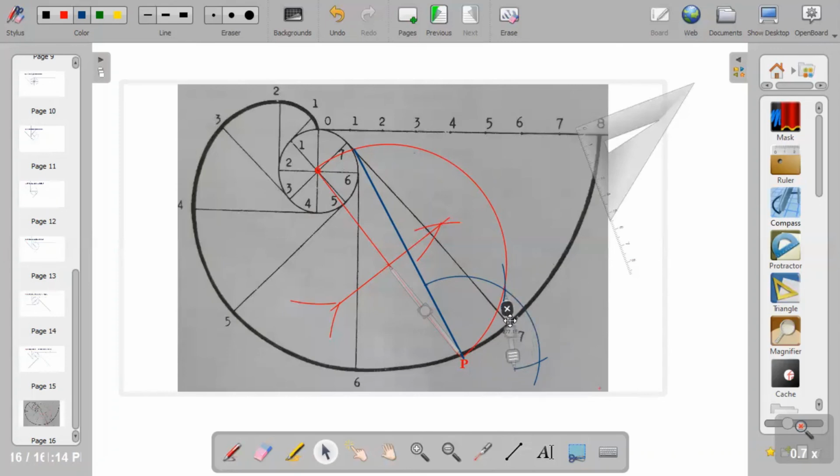So now we have to bisect 60 degrees to get 90. I want to bisect this, so I'll strike an arc. I'll take it to the next second point, strike another arc.